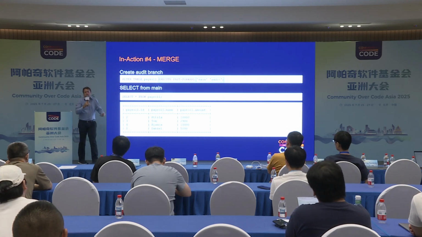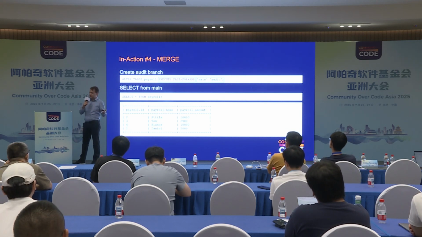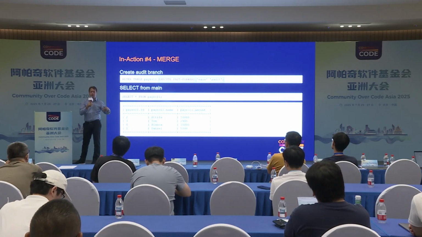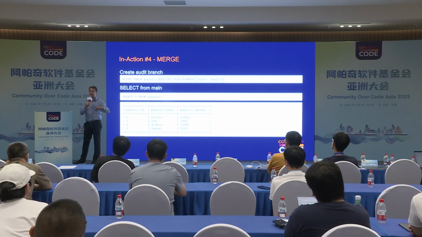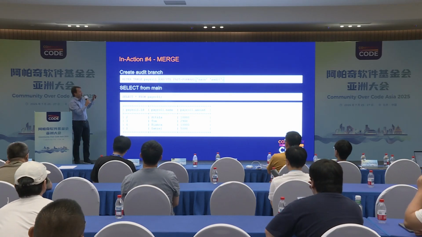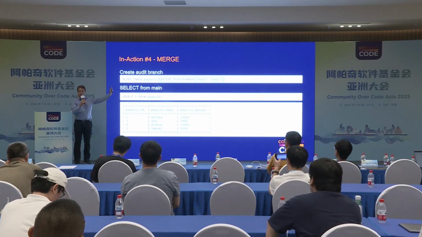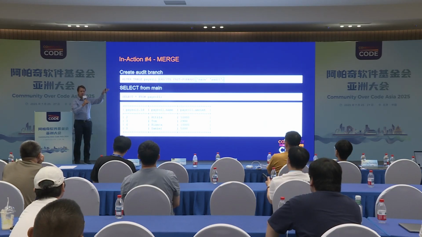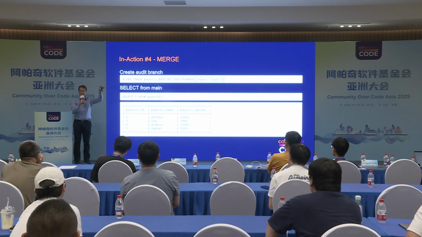And of course, after you validated it, after you made the cleaning part or the validation or whatever, or just played with it, or just tried out some SQL, you are able to say that I want to merge back into the main branch. Every single table has a main branch.